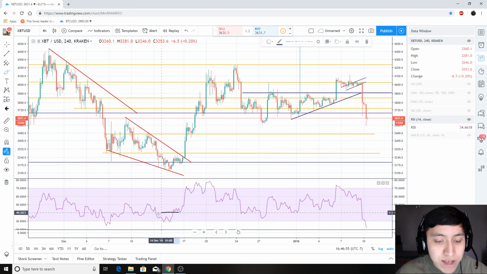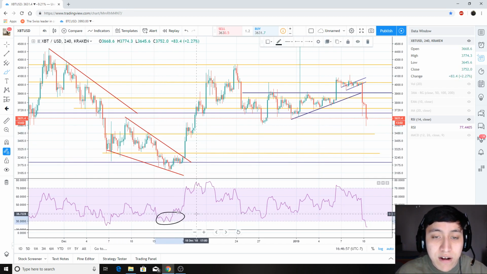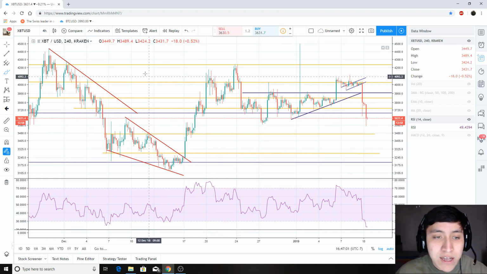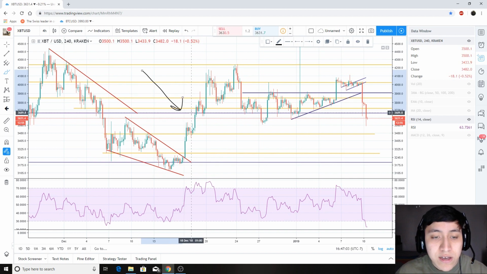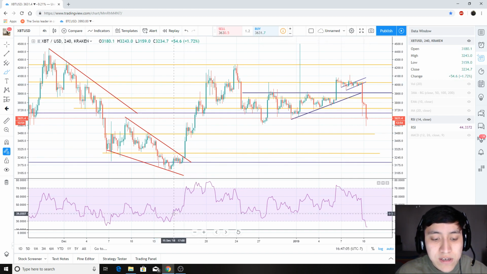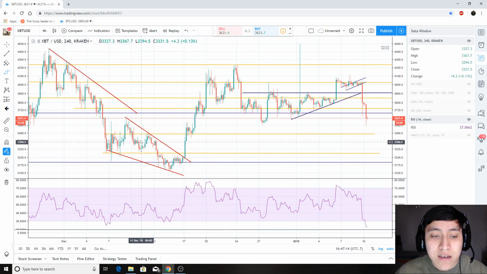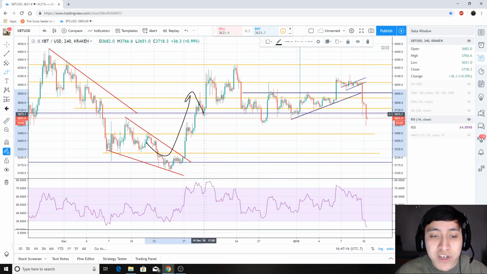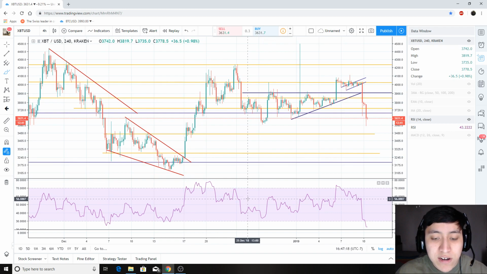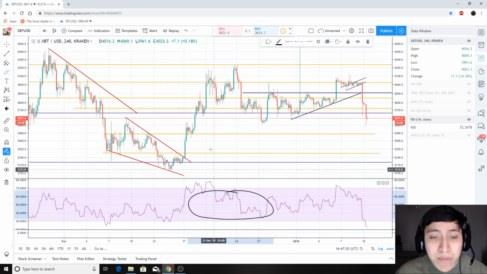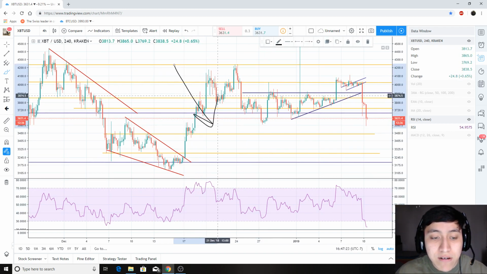Well, when we look at this area right here, the RSI started to get close to that 30%, right? Even though we're in a downtrend and we're going to continue to go down, since we're getting close to that 30%, the RSI is telling me that we could potentially have a short-term rally and start heading in the opposite direction, so we can get this RSI back up and then continue to go down, right?